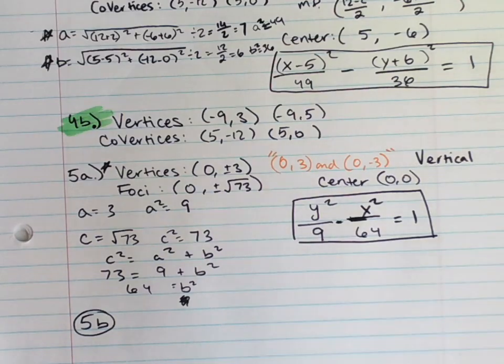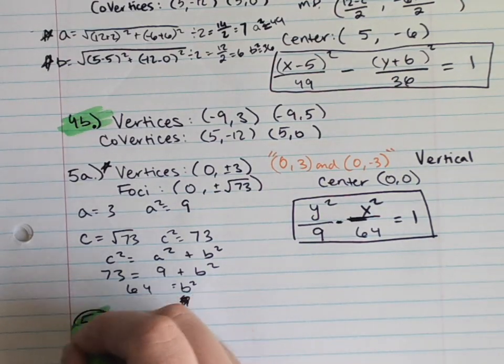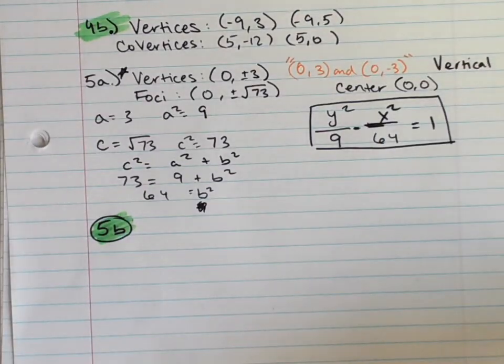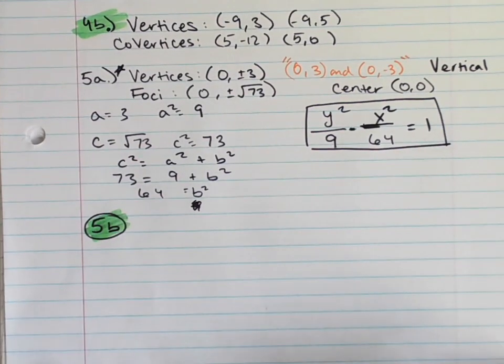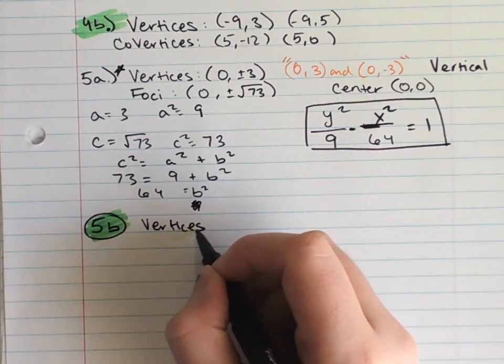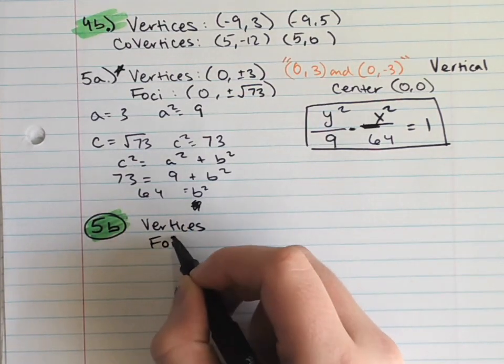5B. Five B for you guys is vertices and foci. Oops, foci.